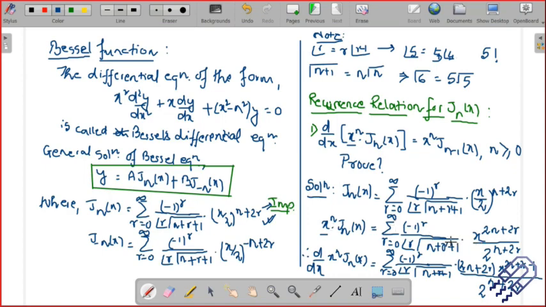So let me multiply both sides by x to the power n. It is x to the power n plus 2r, right? If I take an x to the power n, it will be x to the power 2n plus 2r. Okay, sorry, I wrote this. The 2n will come when I multiply it with x to the power n on both sides. Correct? Okay, sir.